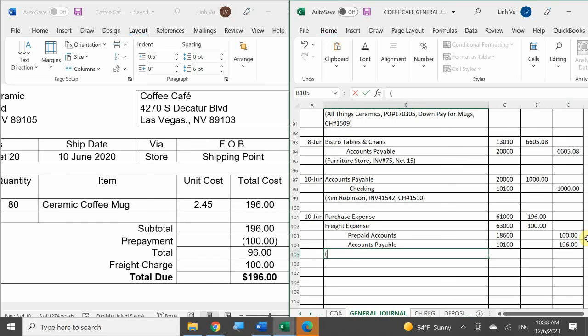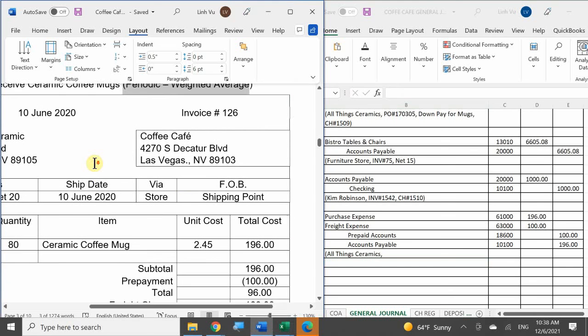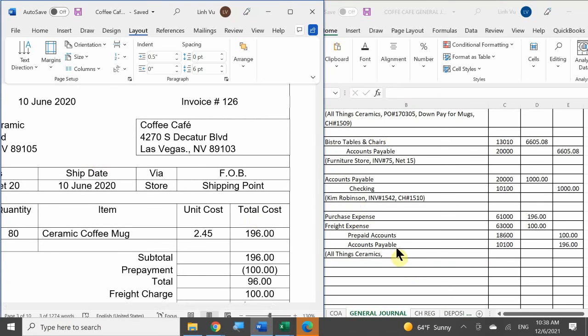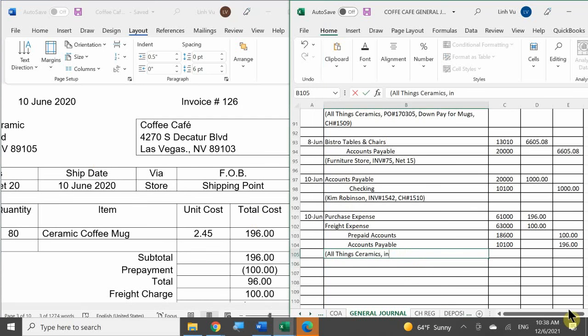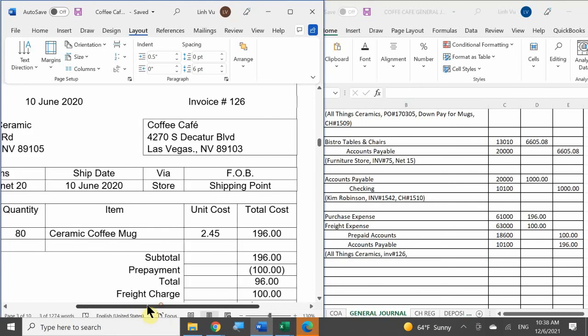In this case, who did I receive this from? All Things Ceramics. What invoice number is this? Invoice number 126. Where was I given terms?